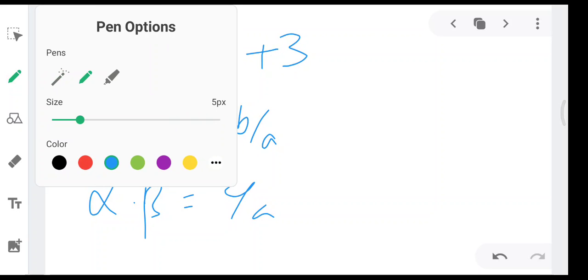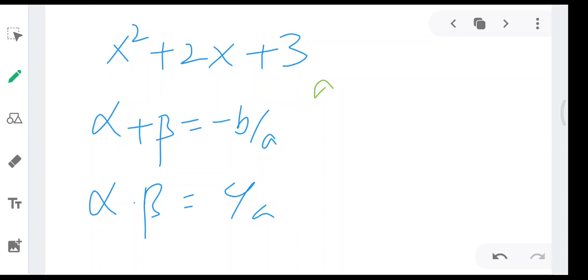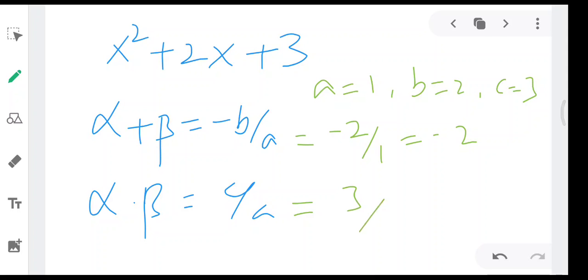Here a is 1, b is 2, and c is 3. Just substitute: minus b by a is minus 2 by 1, minus 2, and c by a is 3 by 1, that is 3. So the sum of the zeros is minus 2, and the product of the zeros is 3.